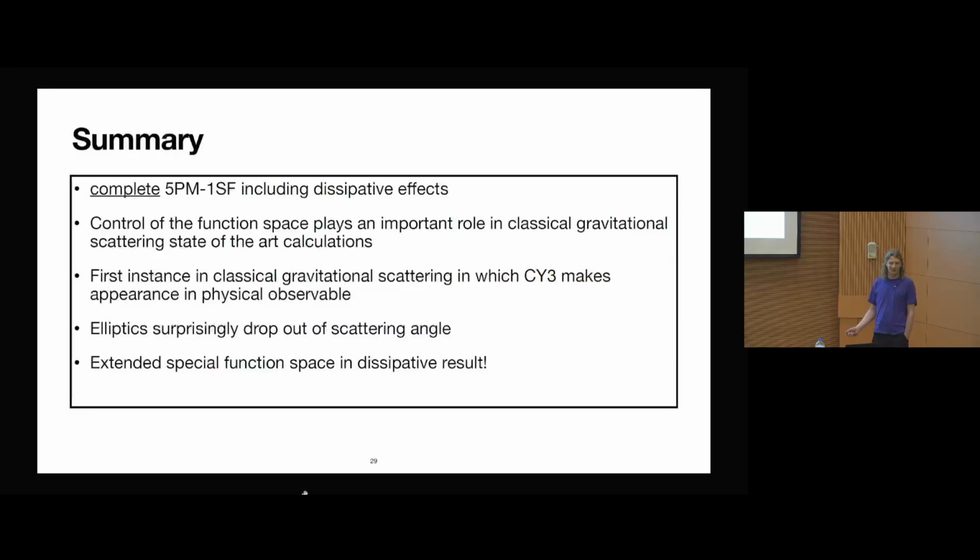So this is exciting. There's some new math appearing in physics. The elliptics drop out, surprisingly, out of the scattering angle, but in the full impulse, we have a really extended function space, and yeah.